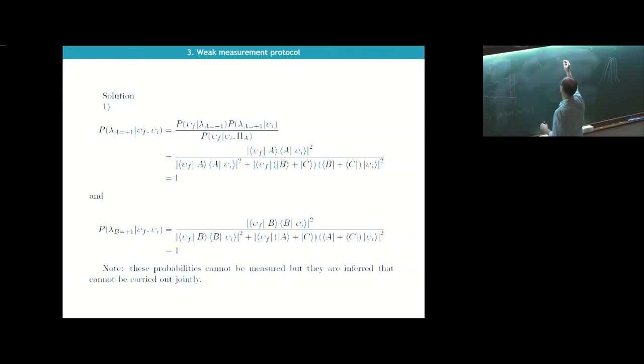It's A and B plus C. Right, so this is associated with eigenvalue 1.